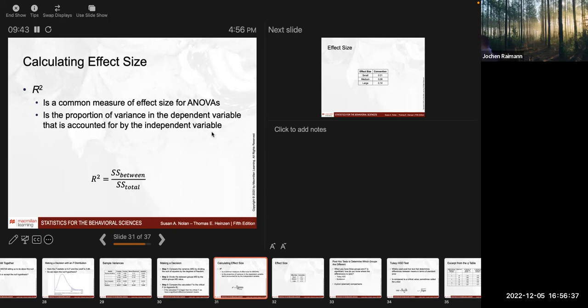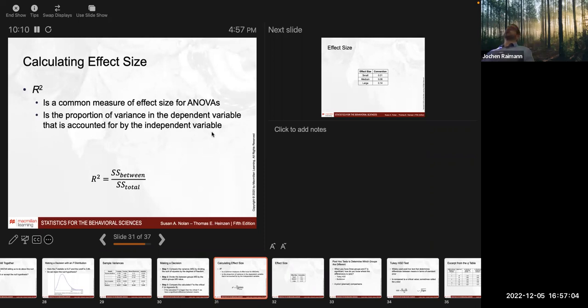So again, it's the proportion of the between sum of squares as a fraction of the total sum of squares. In regression analysis, it's also called the proportionate reduction of error, because it constitutes the strength and explanatory power of a model, but more about that next week on Wednesday. So R squared, keep that in mind.